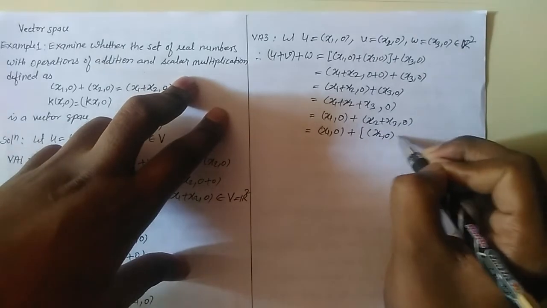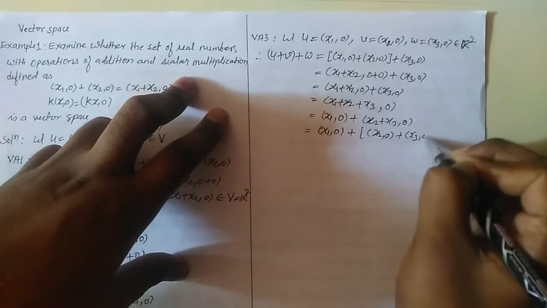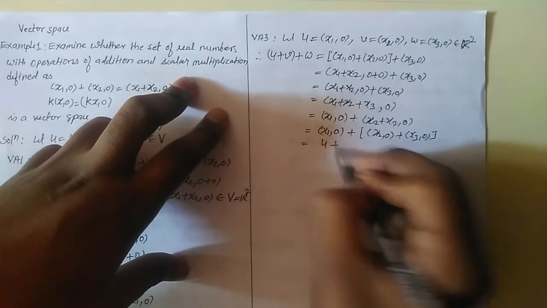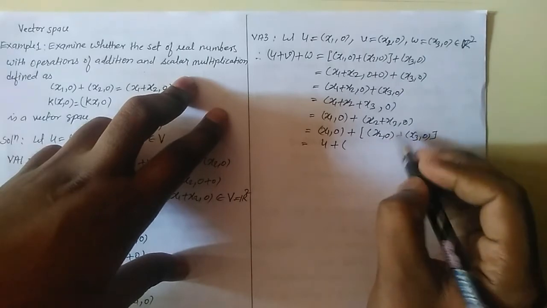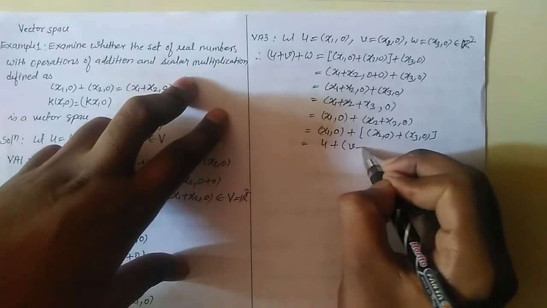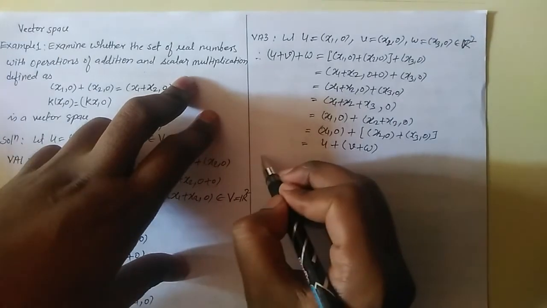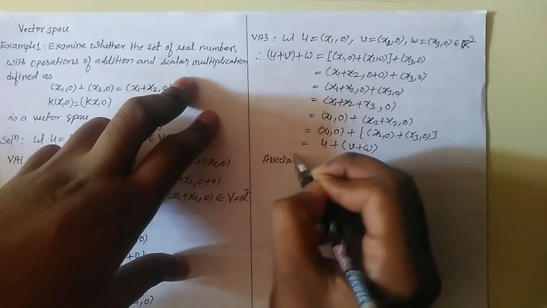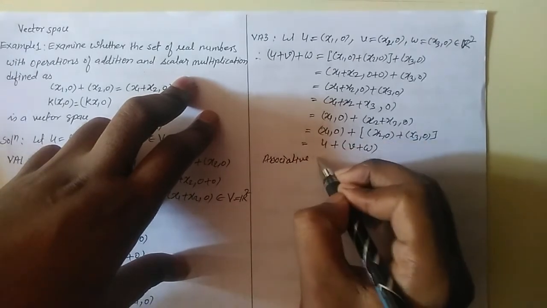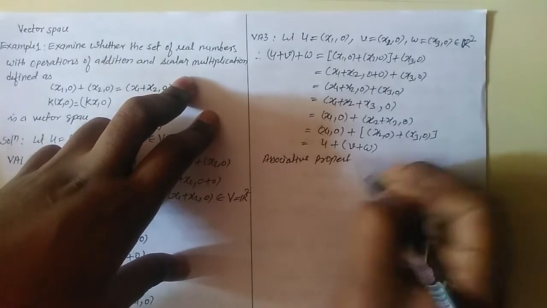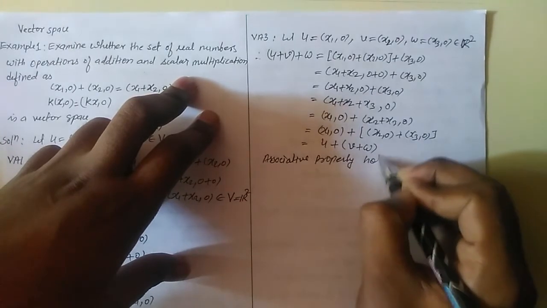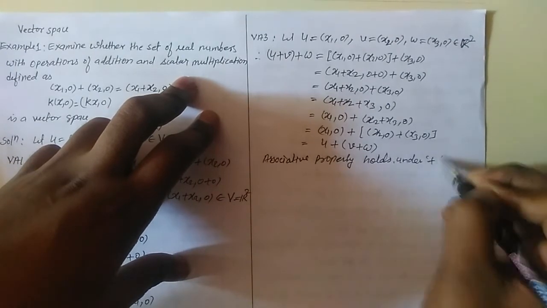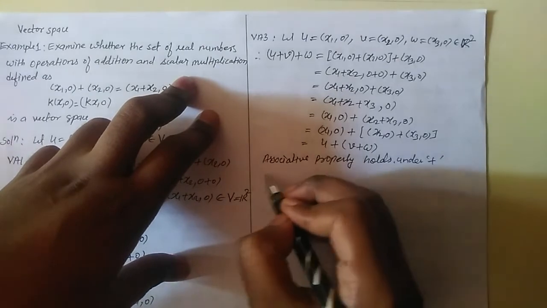But (x1, 0) is u and (x2, 0) + (x3, 0) is v + w. Therefore the associative property holds under addition.